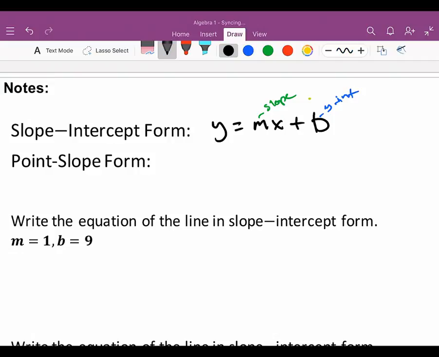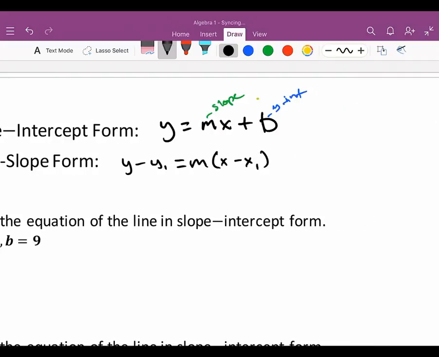Point-slope formula is where you have y minus y1 equals m, parentheses, x minus x1. Okay, that form may look a little confusing, but if I give you a slope of say m of 2, and I also give you a point of say (0, 1), there are three things that are given: your slope, an x value, and a y value.